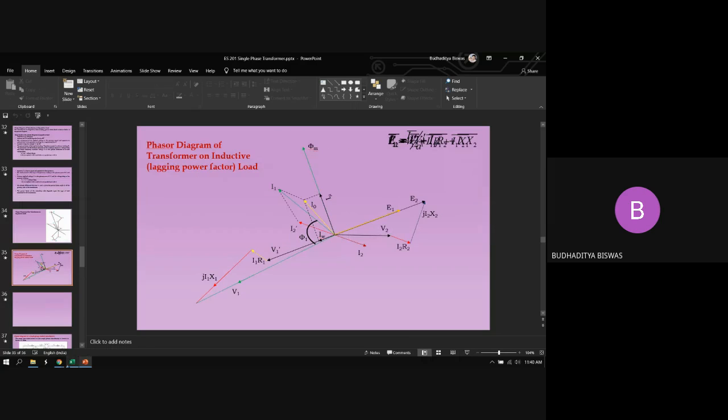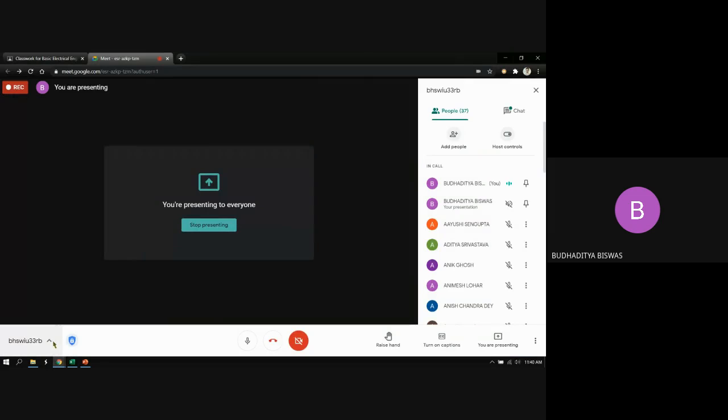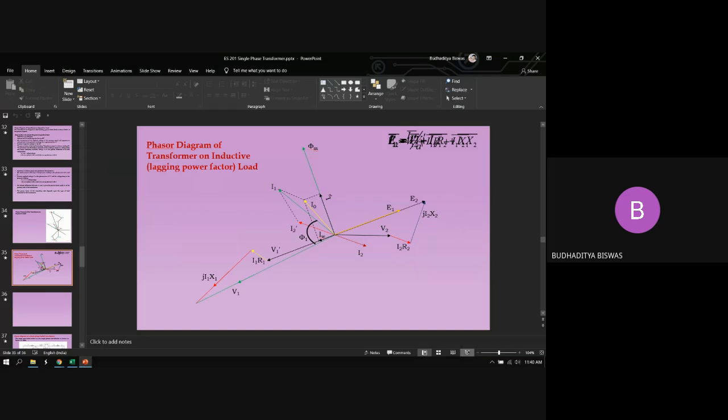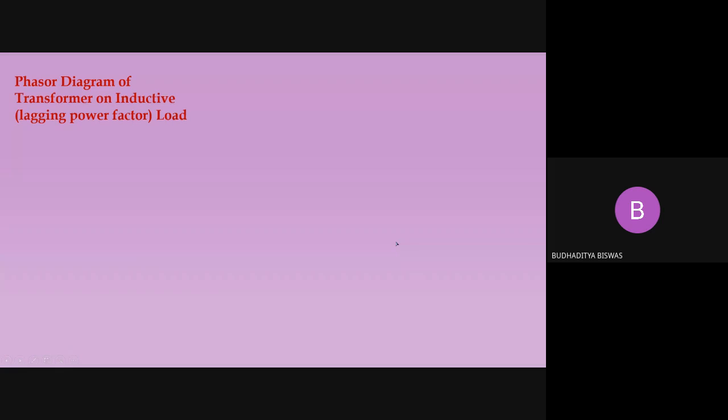Inductive load means it's a lagging power factor load. Now, what do you mean by lagging power factor load?